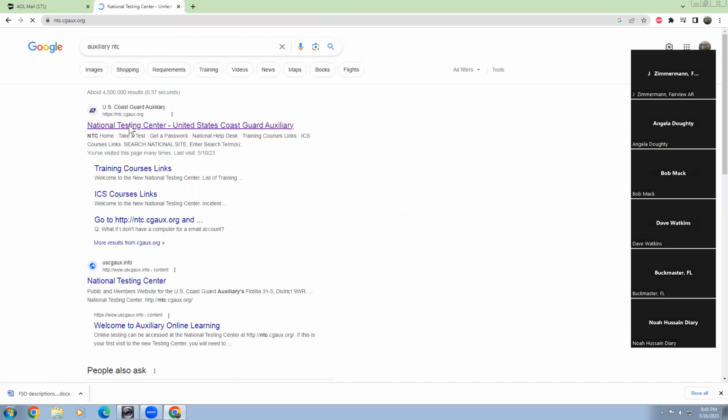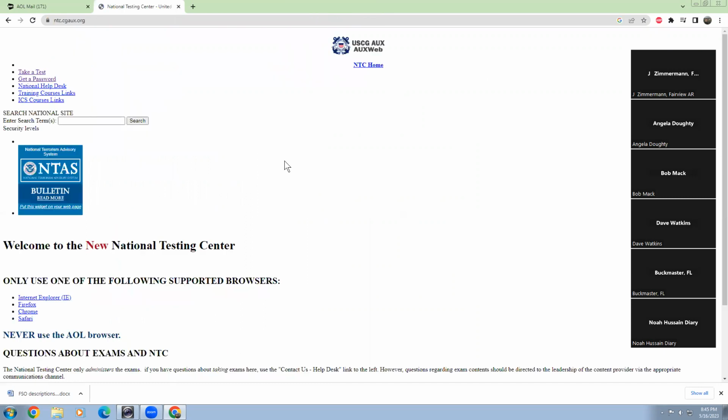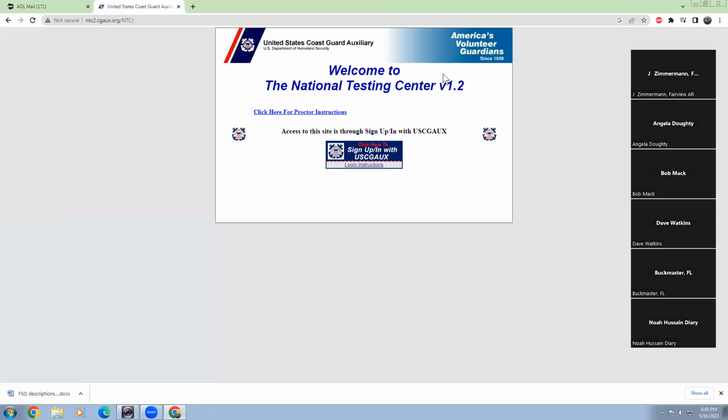So you click on that, and I've already signed into mine, but in order to do that, you might have to enter a password, which is the same as your, I think, auxiliary directory password. On my computer, it asks if you want to have your password saved, which is what I did. So now it says, here's the National Testing Center 1.2.